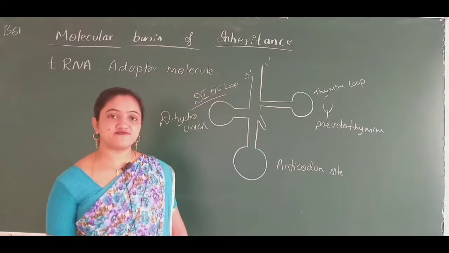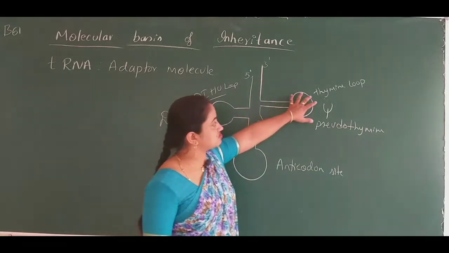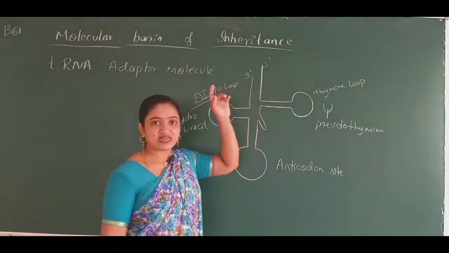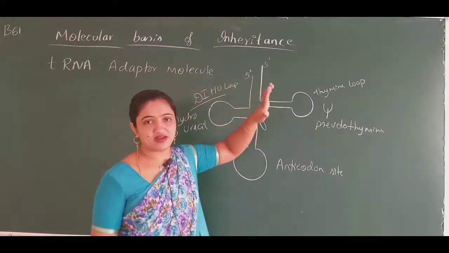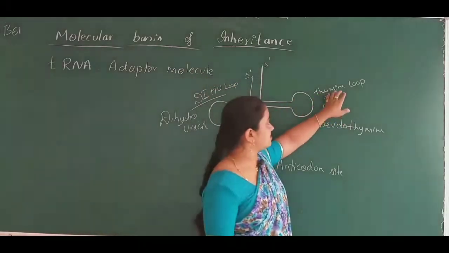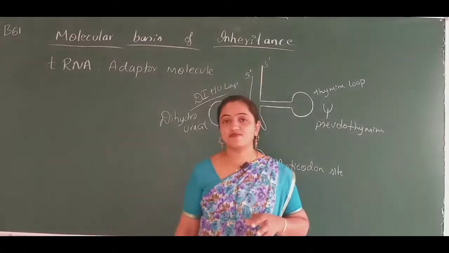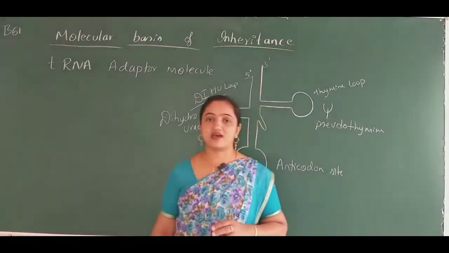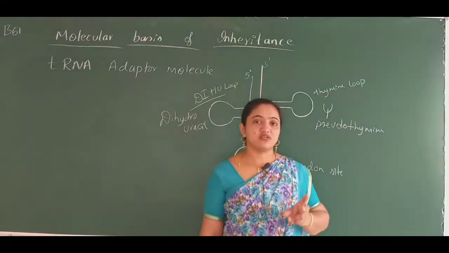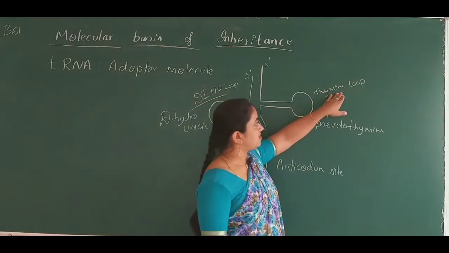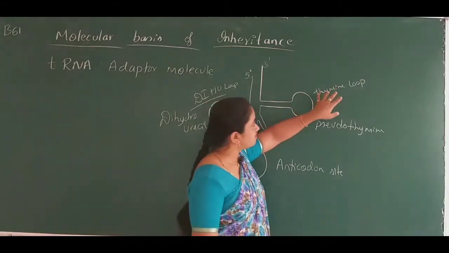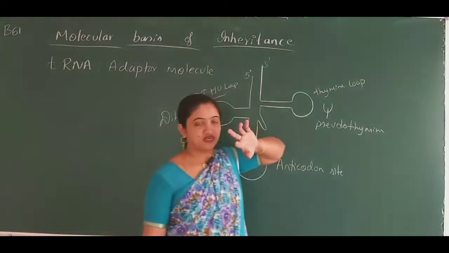Student, just concentrate here. Which structure are we studying? We are studying a type of RNA, right? So what nitrogen bases are present in RNA? Adenine, guanine, cytosine and uracil. But here, if you observe, a thymine loop is present.